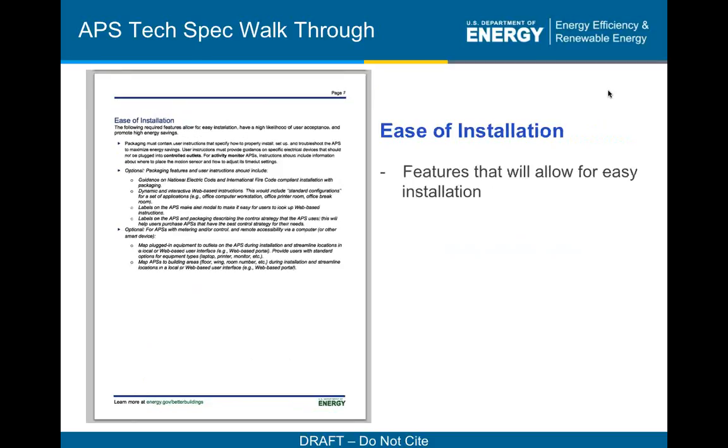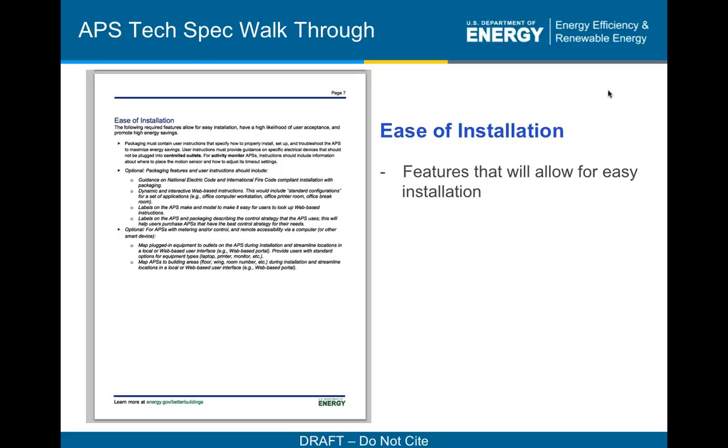The ease of installation section focuses on features that allow easy installation, have a likelihood of high user acceptance, and promote high energy savings. This section recommends looking for advanced power strips that include instructions on how to properly install, set up, and troubleshoot the advanced power strip.